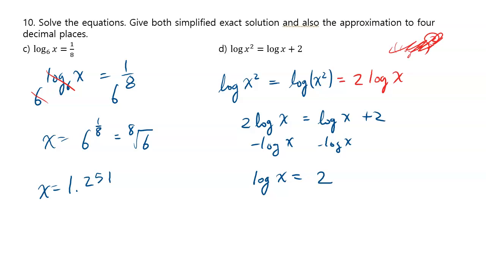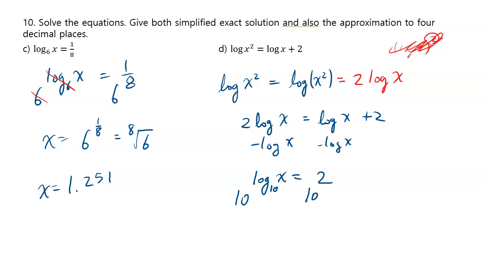Now, you have to remember that this is log base 10. If you have log without anything at the bottom, that means log base 10. You're trying to get rid of the log base 10 to figure out what x is, so you have to take power with respect to 10. Raise both sides over 10.